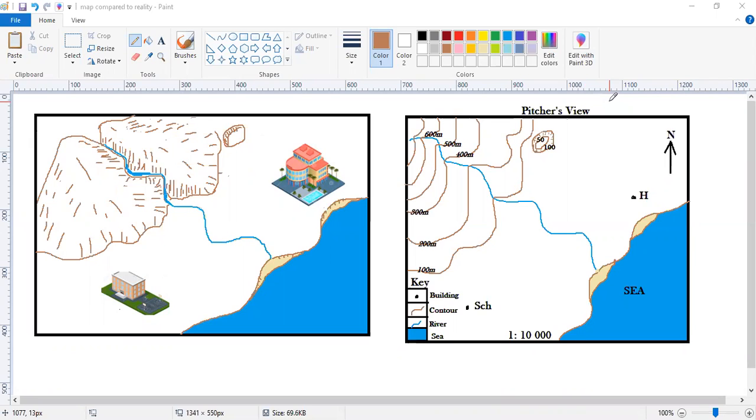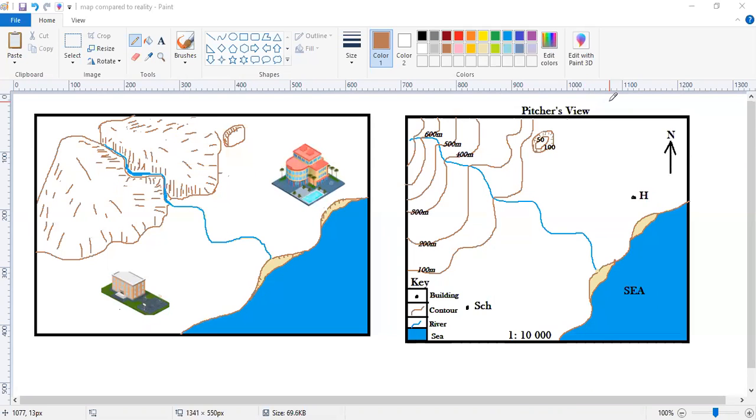Okay, today I want to talk a little bit about the main tool that a geographer uses, which is a map. If you're studying geography, you can't get away from studying maps.